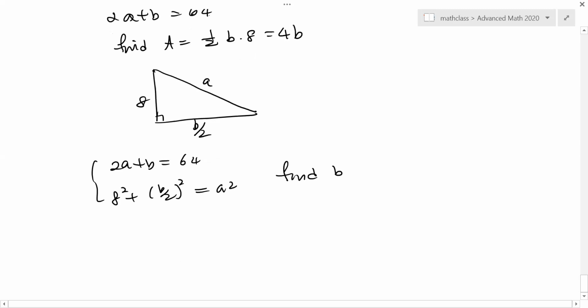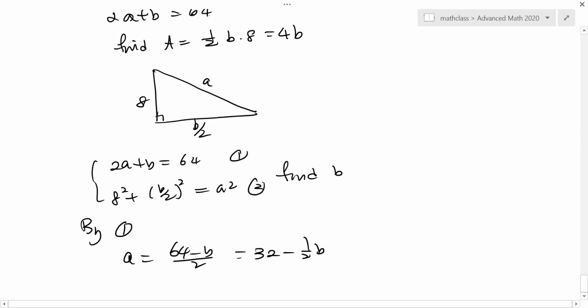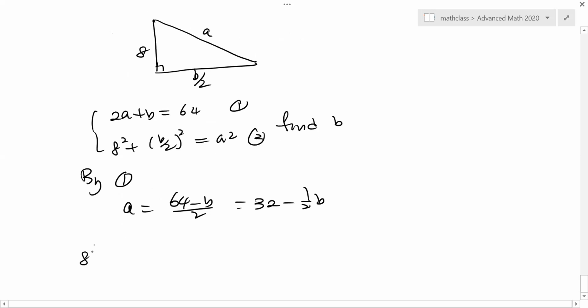Okay, so replace A by the first equation. By the first equation, A is going to be 64 minus B divided by 2. So it's 32 minus half of B. So I'm going to put it into the second equation, right?